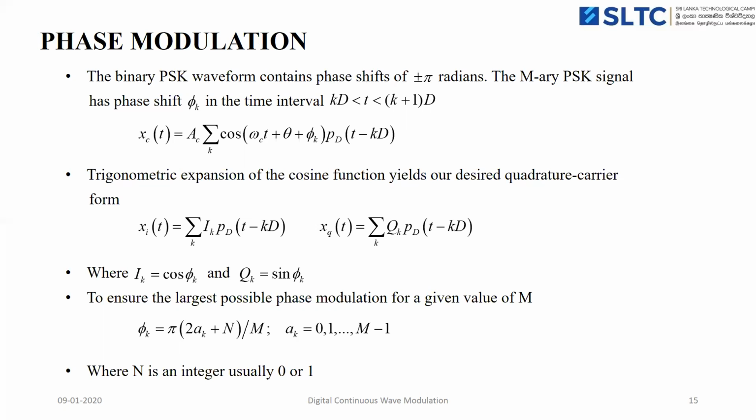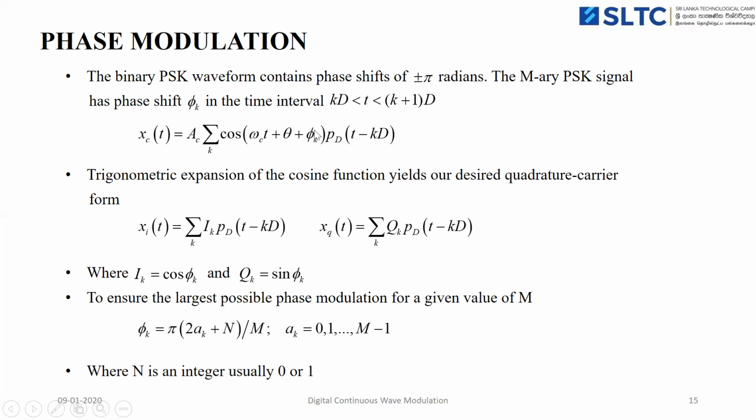For M-ary PSK signal, we use the phase shift phi k, where k varies from 0 to M minus 1. This equation shows the mathematical representation of PSK modulation. Here cos of omega C t plus theta is the carrier signal, p D of t is the rectangular pulse, and AC is the carrier amplitude.